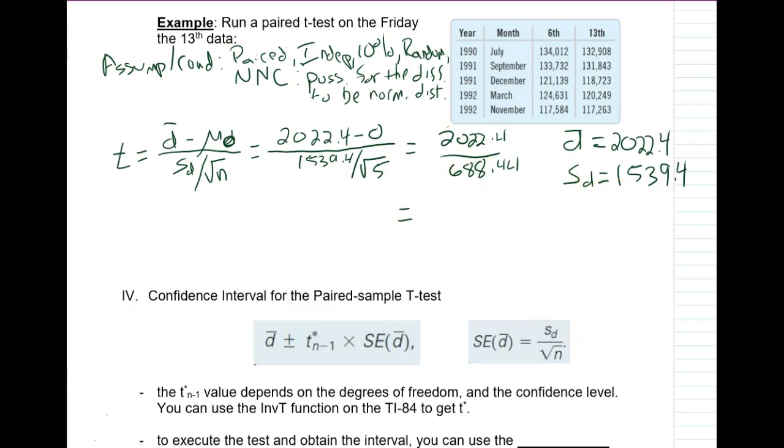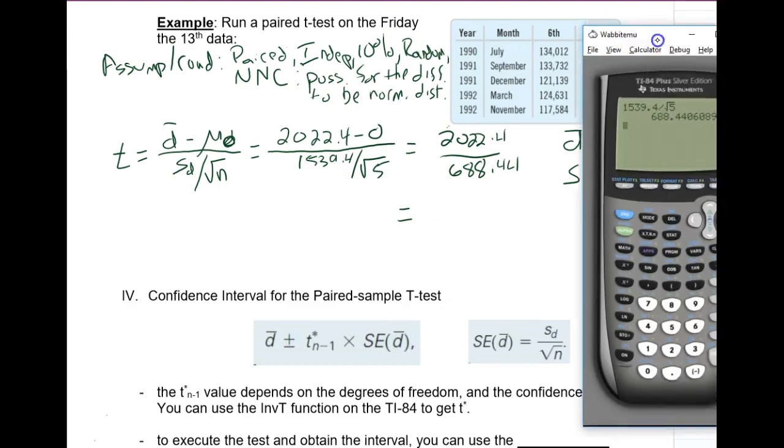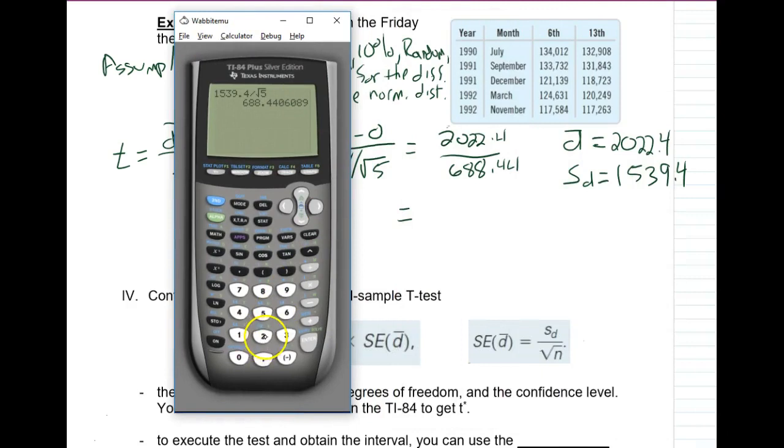Pulling the calculator back up. We'll take 2022.4 and divide it by 688.44. That didn't work out right. Let me punch that in again. 2022.4.